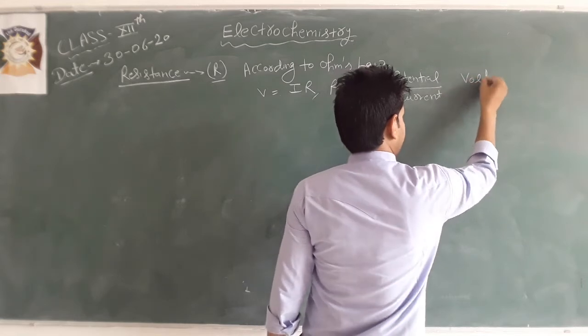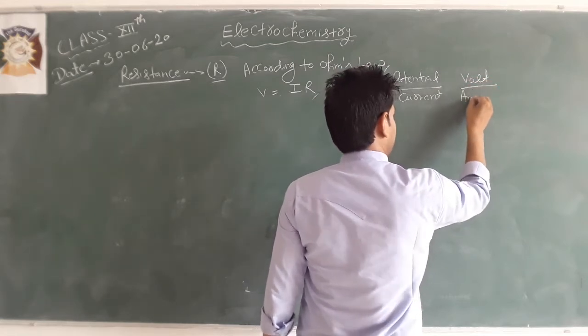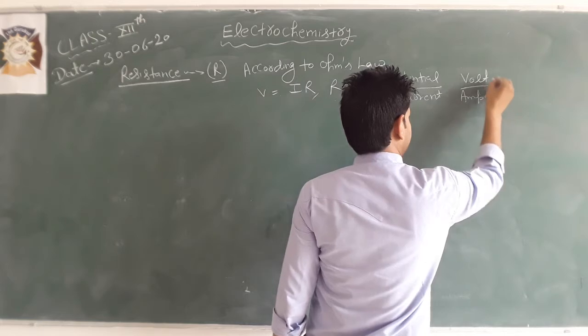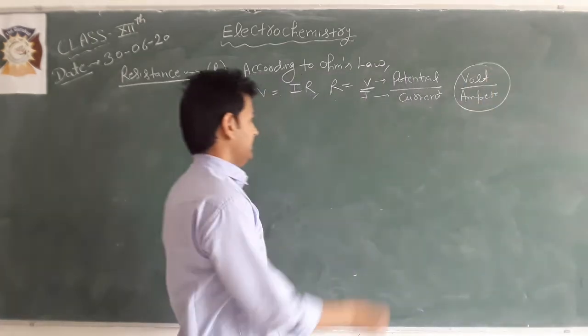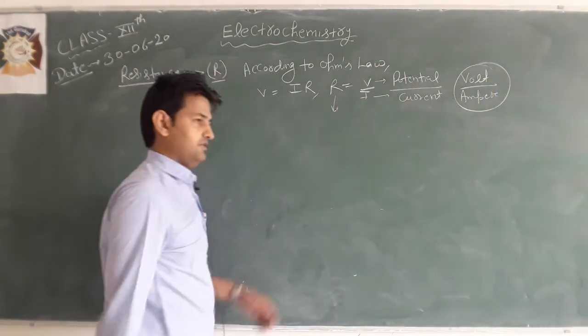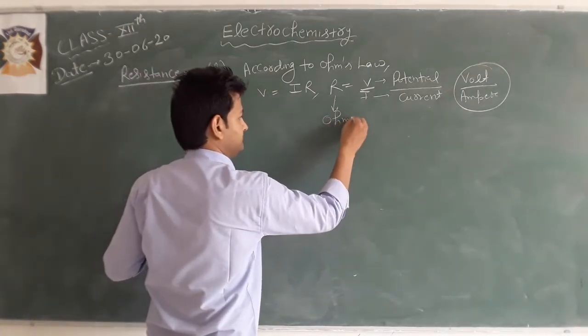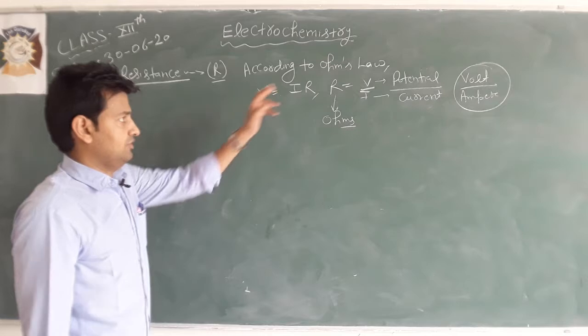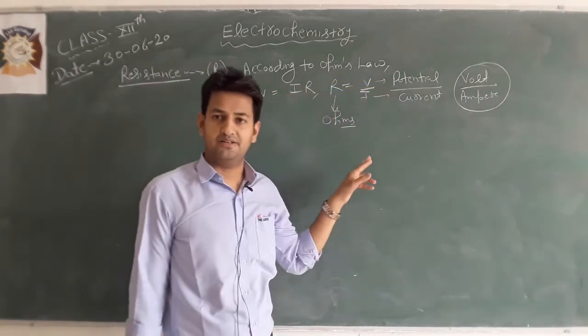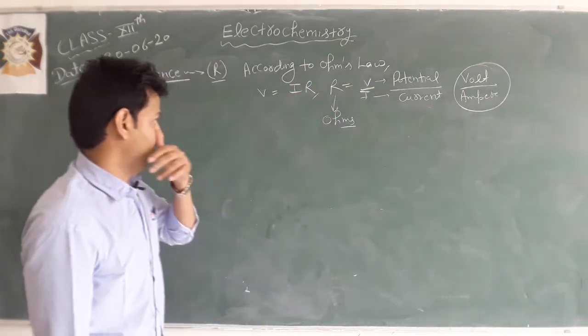So the unit for resistance is volt per ampere, or we can use the unit ohm. In honor of the scientist Ohm, resistance is measured in ohms.